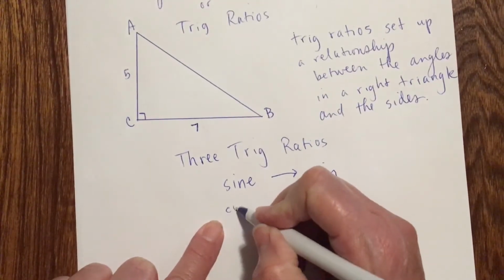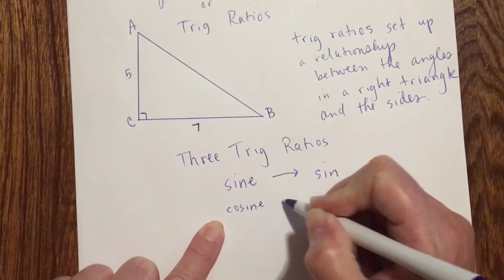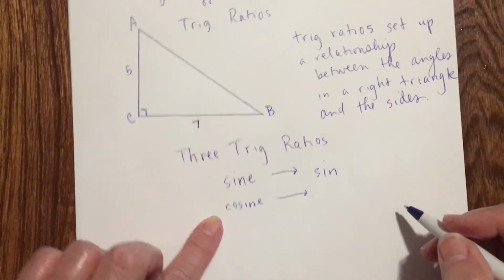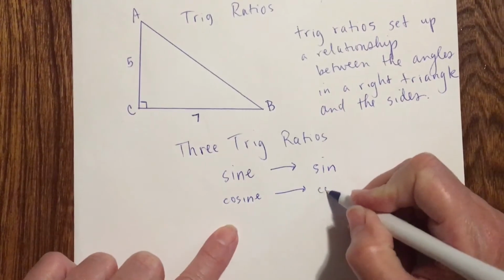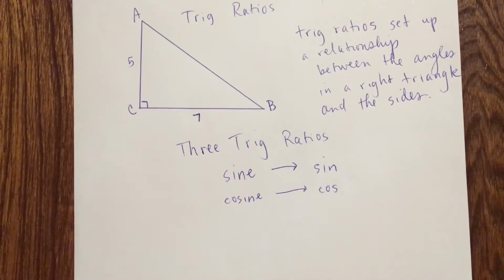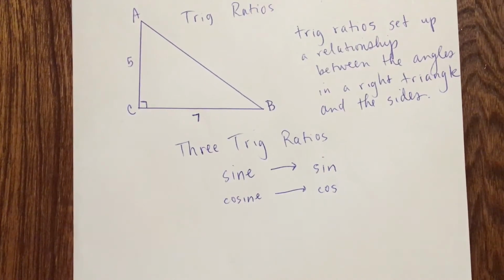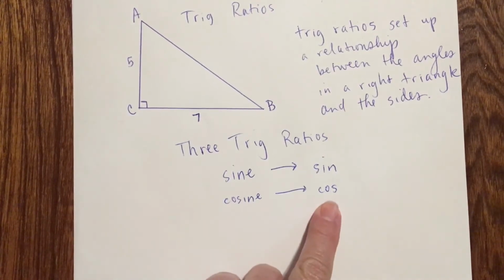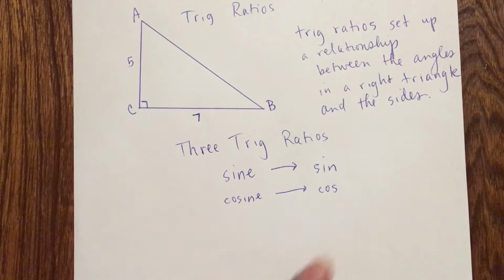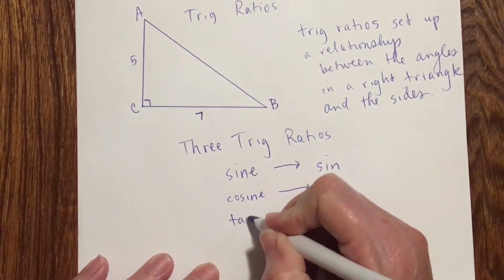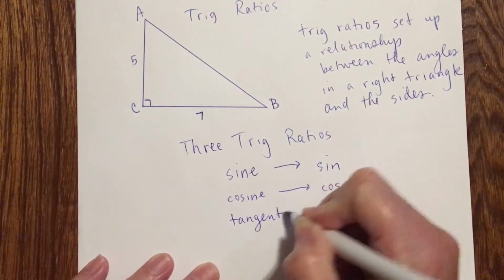Another trig ratio is going to be cosine. Now we abbreviate cosine, C-O-S. And sometimes students will read cos. Read it cosine, even if you write C-O-S. And then another one is tangent.